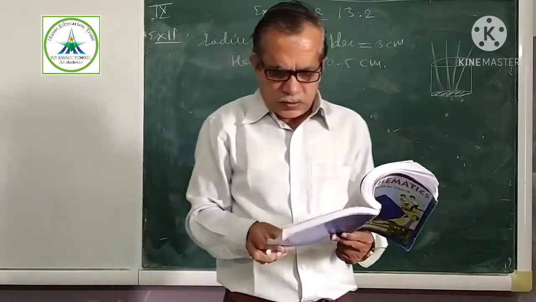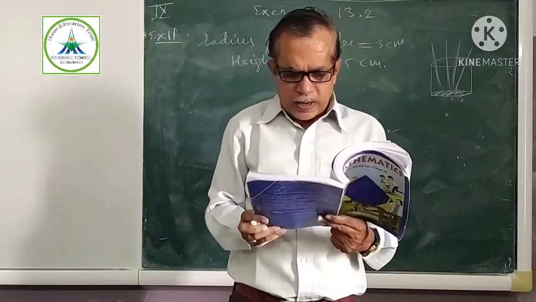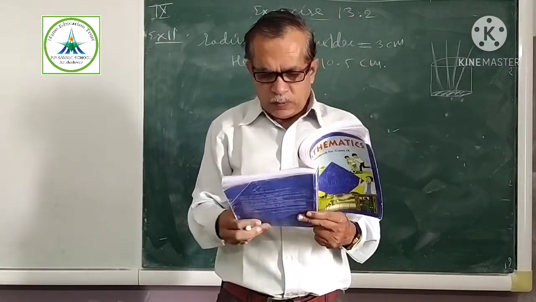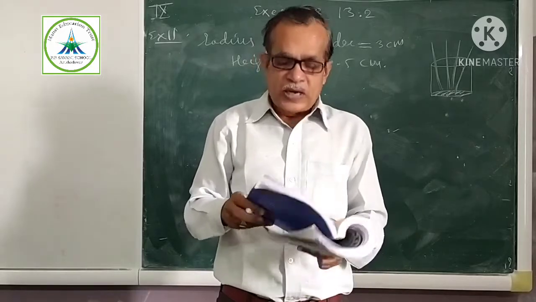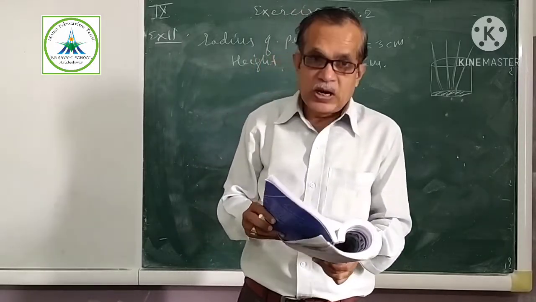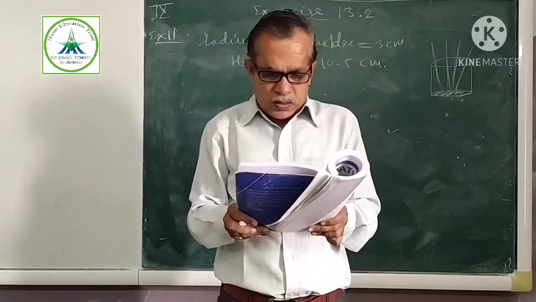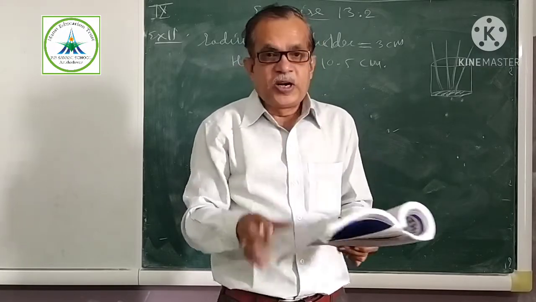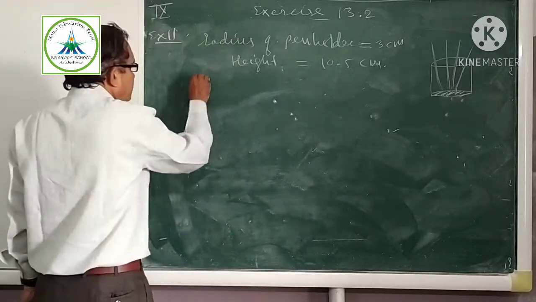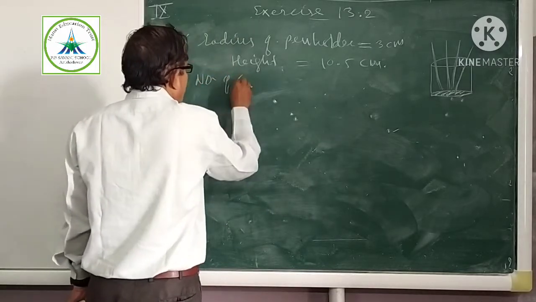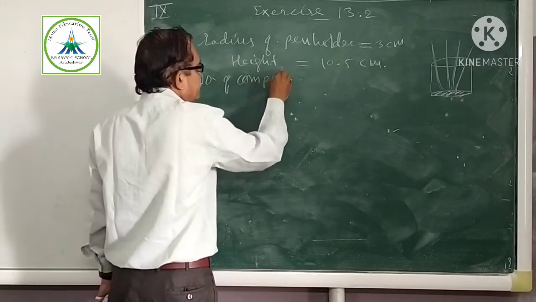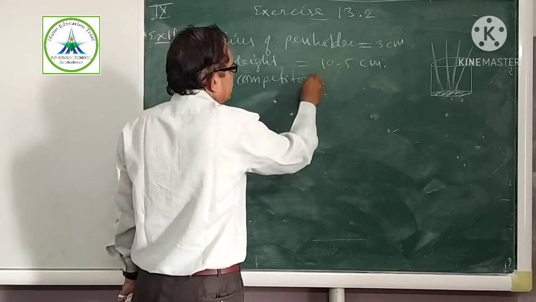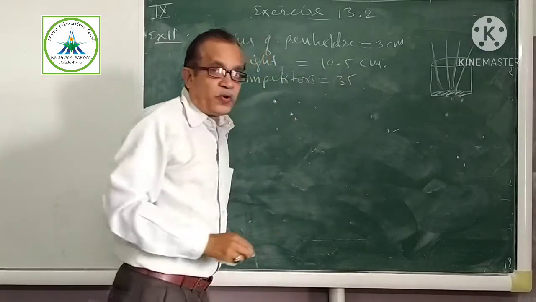The Vidyalaya was to supply the competitors with cardboard. If there were 35 competitors, the number of competitors is 35. Means what is this 35?